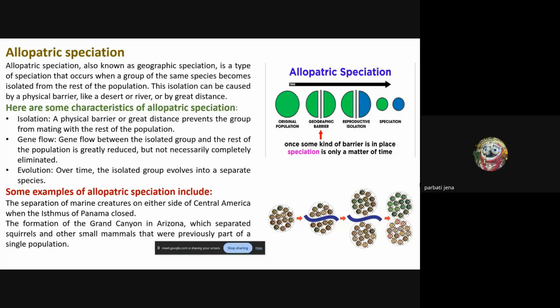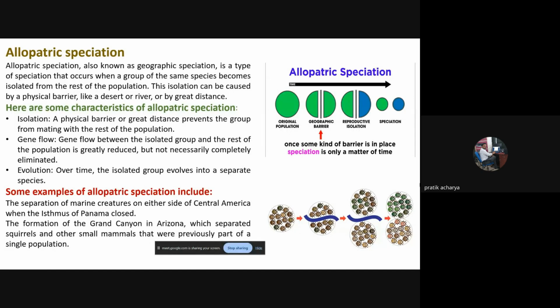Sir, what is the importance of allopatric speciation? Importance of allopatric speciation, importance in evolution. We can say it in two ways.